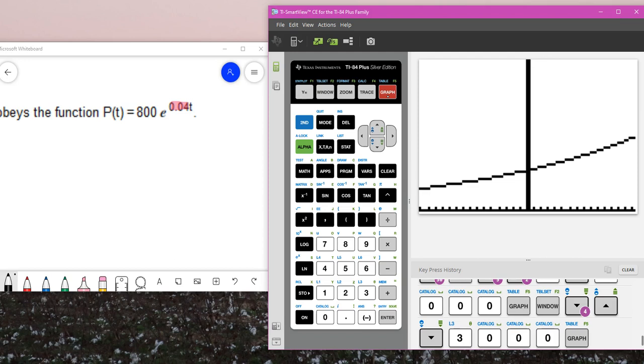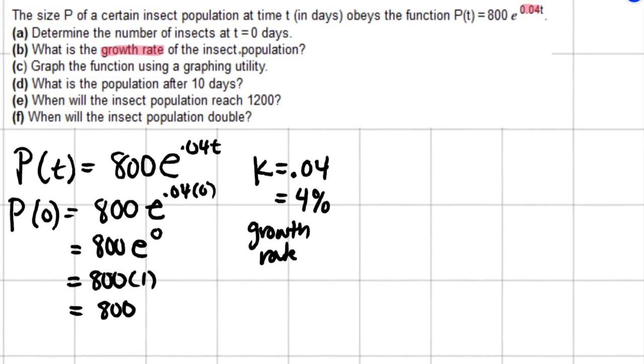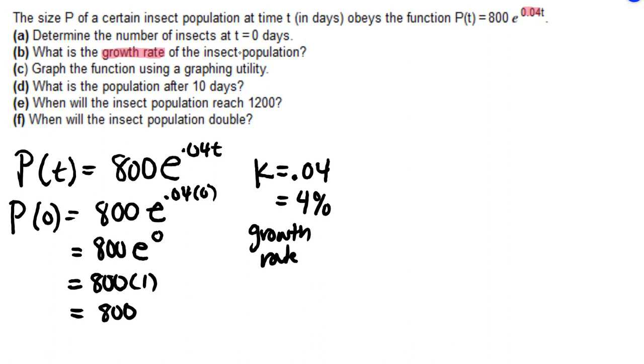And let's explore what the next part says. It says, what is the population after 10 days? There are a few ways that we can work this out. We can do just like we did for the population at 0 days, where we substitute 10 into the equation. That's 800 e to the 0.04 times 10.